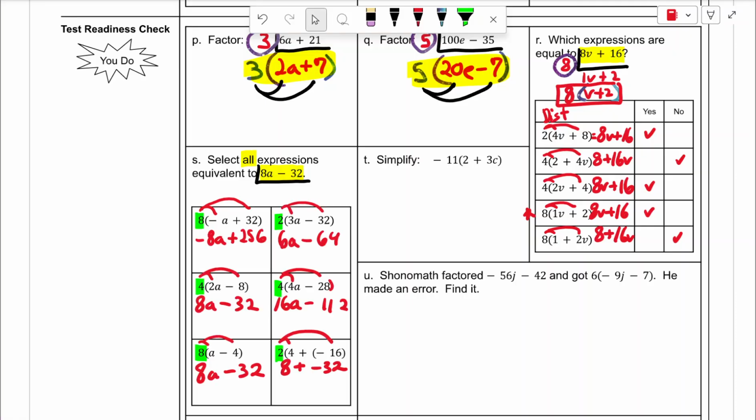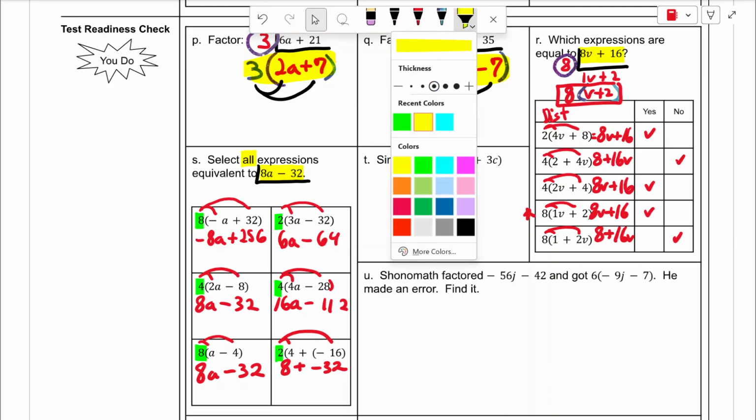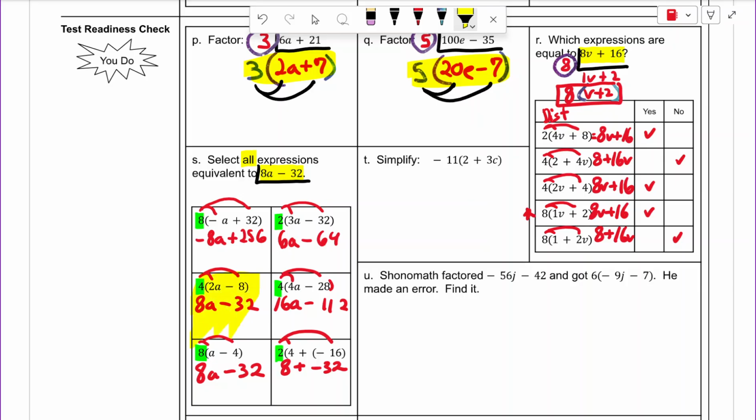Okay, we're back and I did distributive property to every single one. Now I want to be careful in choosing which ones are equal to 8a minus 32. This one's definitely not. Neither is this one. That's 6a. That's just incorrect already. 8a minus 32, so this is a good one. This next one has 16a, definitely not.